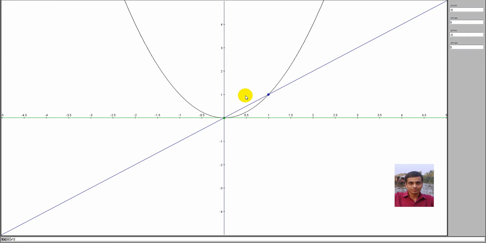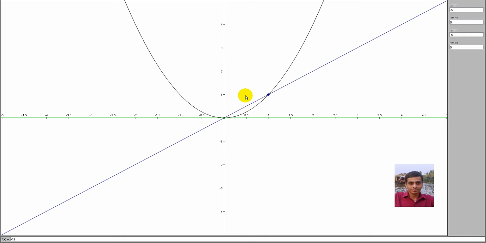So what is the correct perception of a tangent line in calculus? In calculus, a tangent line is the limiting position of a secant line. It is not a line which is touching the curve at a point.